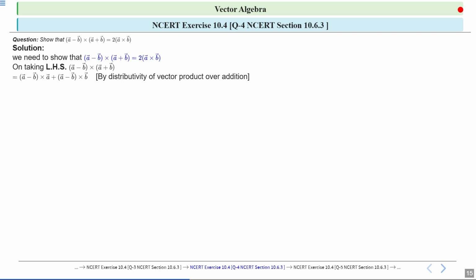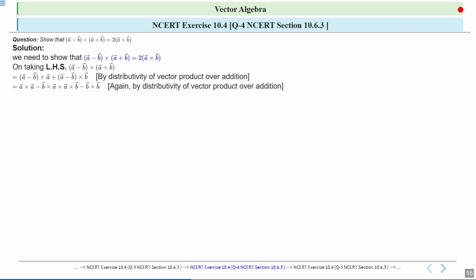We have applied the distributive property of the cross product. So you can emphasize that the cross product distributes over addition, just like regular multiplication does in algebra. This step breaks the original expression into two separate cross products for easier handling.